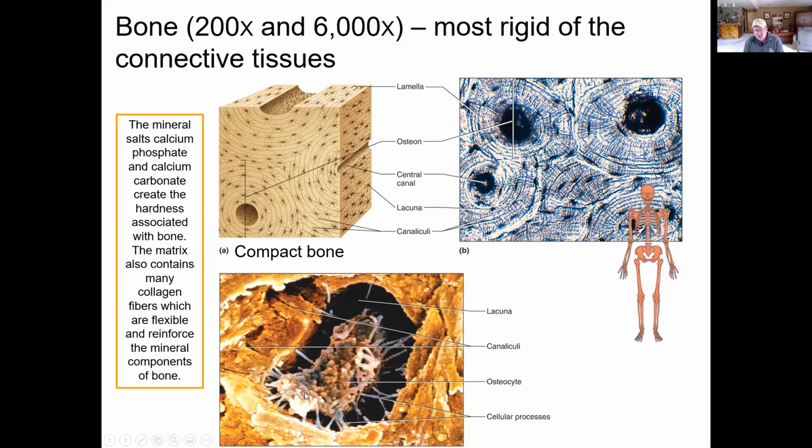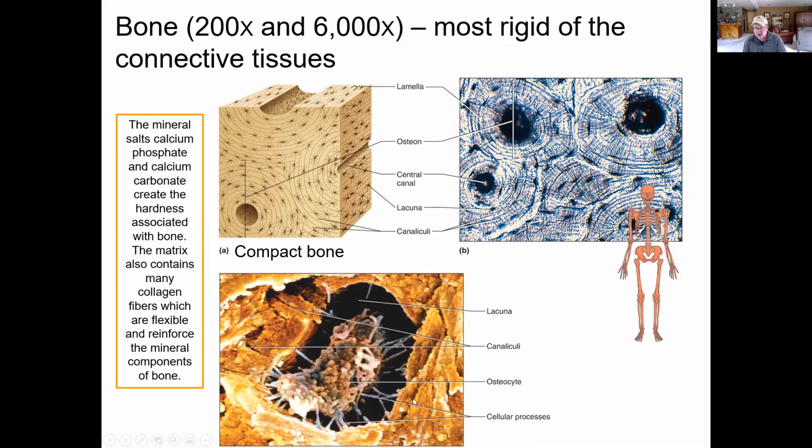And so in the bottom of this slide, we see magnified 6,000 times with an electron microscope, a single osteocyte. That's what is shown right here. This is an osteocyte. It is housed within a chamber called a lacuna. So just like chondrocytes are found in lacunae, 1 to 4 chondrocytes per lacuna, we have bone cells.